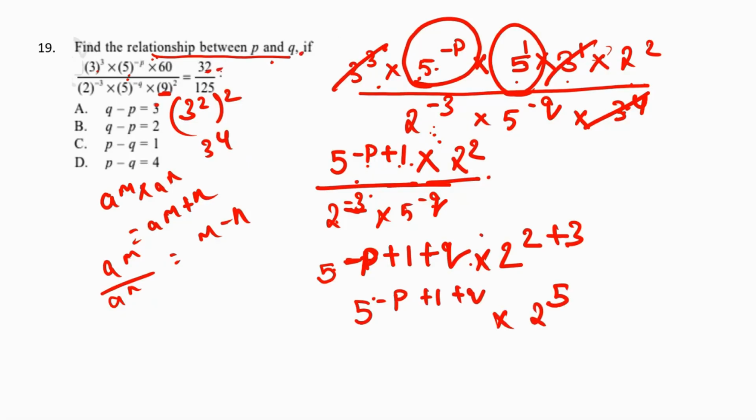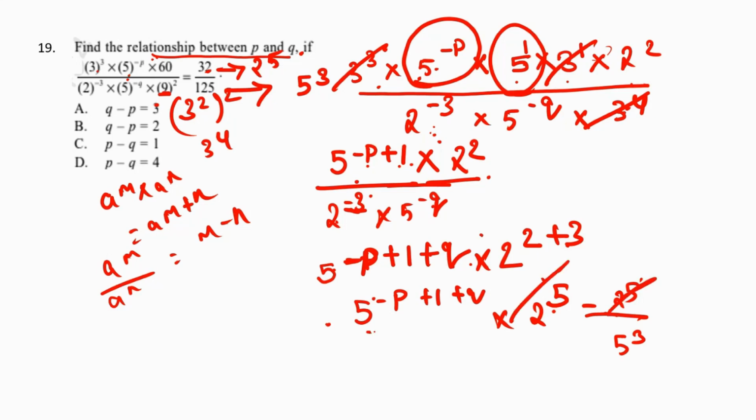Now moving on to the right-hand side, 32 is nothing but 2 five times and 125 is nothing but 5 three times. So the whole thing is equivalent to 2 raised to 5 by 5 raised to 3. Now 2 raised to 5 is common on both sides, so that can be ignored.